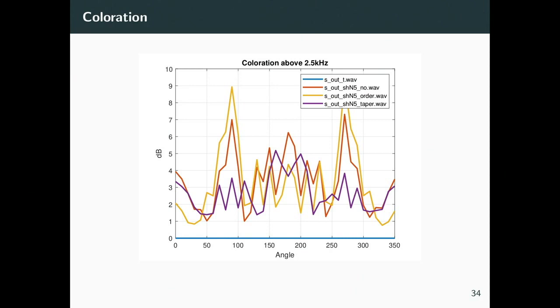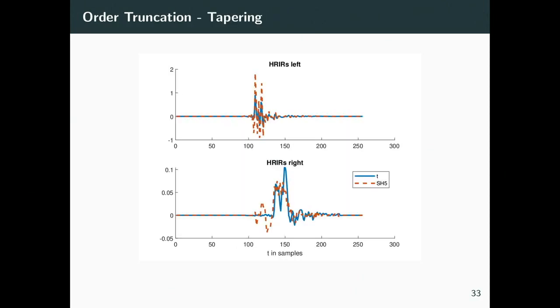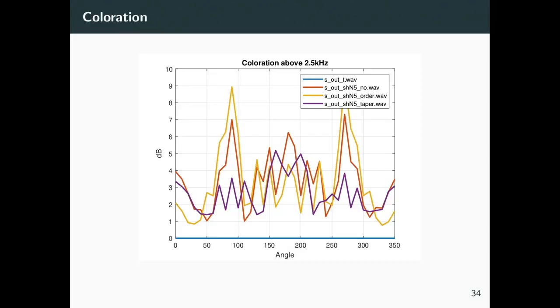To have an objective measure for all that we now listened to and looked at, we applied a pretty sophisticated binaural model. And we can go into detail maybe later how we came up with these numbers. But let's just say for now, what we see here is the coloration that we introduce over the angle, some relative measure, let's say dB for now.